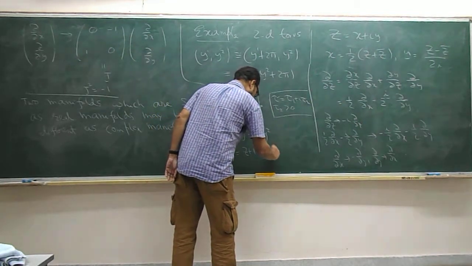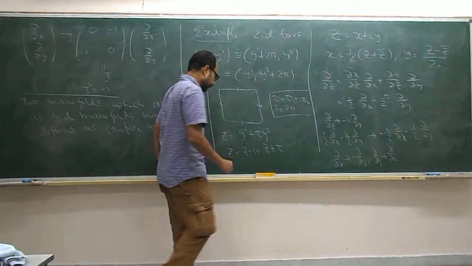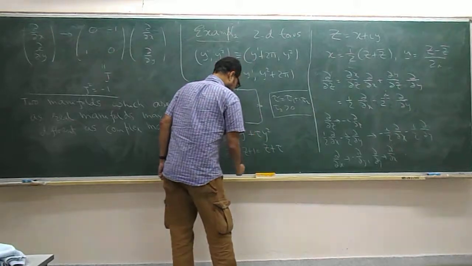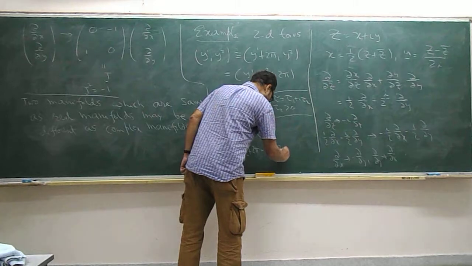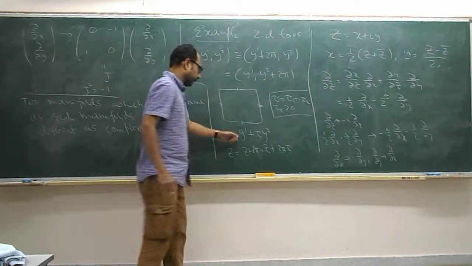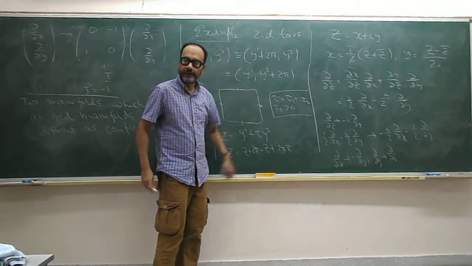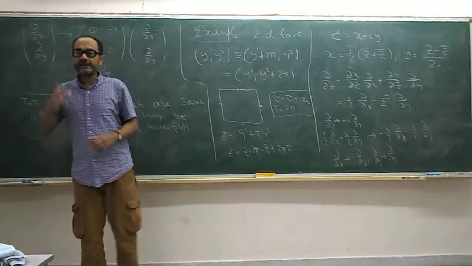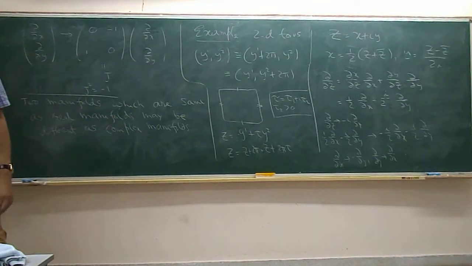The identification now is z plus 2 pi, and z plus 2 pi tau. So shifting y1 by 2 pi shifts z by 2 pi, shifting y2 by 2 pi shifts z by 2 pi tau. So z is not a global coordinate system, but you can introduce coordinate patches and cover the torus by coordinate patches which are related to z by analytic change of coordinates.